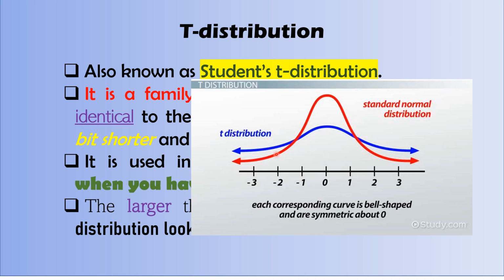The curve in red is a standard normal curve, and the curve in blue is the curve of a t-distribution. As you can observe, the curve of the t-distribution is a bit shorter and a little bit fatter, or stouter. So that is the difference between the two curves.